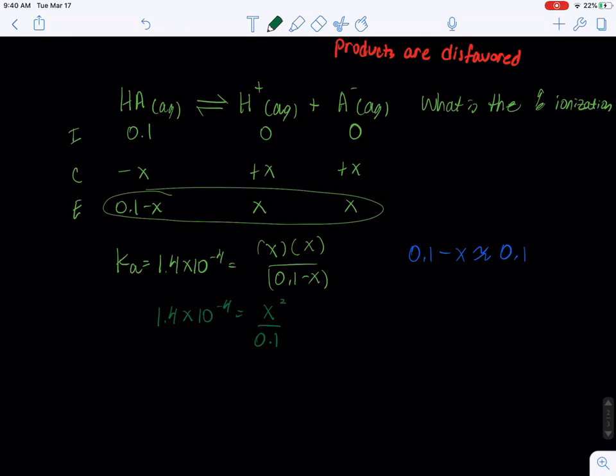And on our calculators, if you punch that in, you get 1.4 times 10 to the minus 5 is equal to x squared. You take the square root of that, x is equal to 3.74 times 10 to the minus 3, okay?